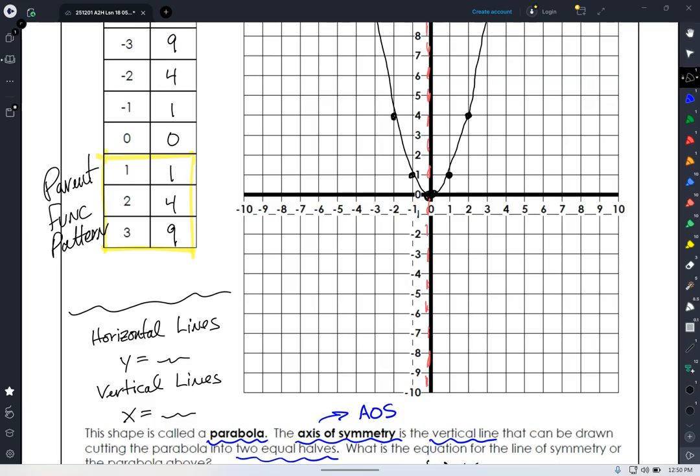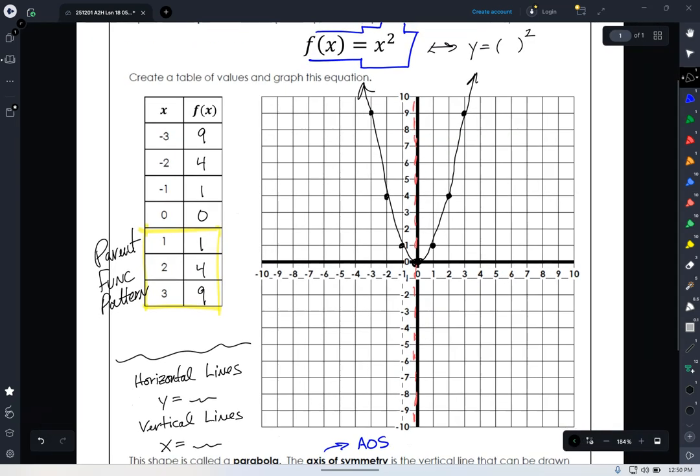Okay? So here's the way the parent function pattern works for quadratics. Remember, the math is we're taking an input and we're squaring it to get an output. Put in a 1, get out a 1. Put in a 2, get out a 4. Put in a 3, get out a 9. Put in a 4, get out a 16. Put in a 5, get out a 25. Put in a 6, get out a 36.